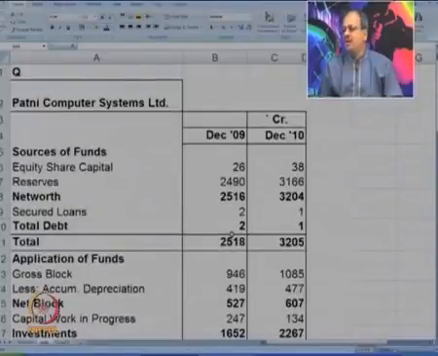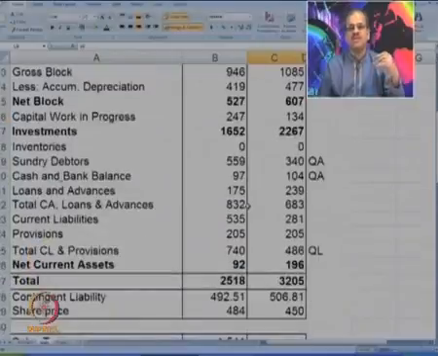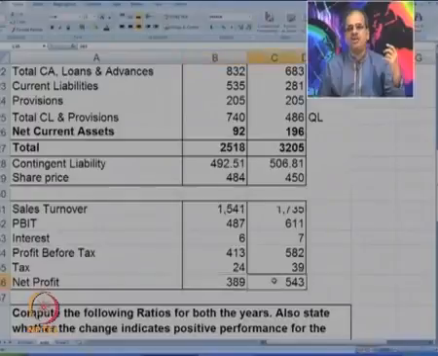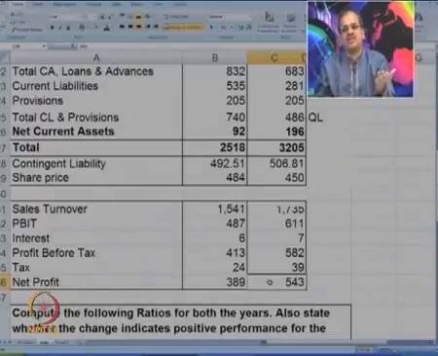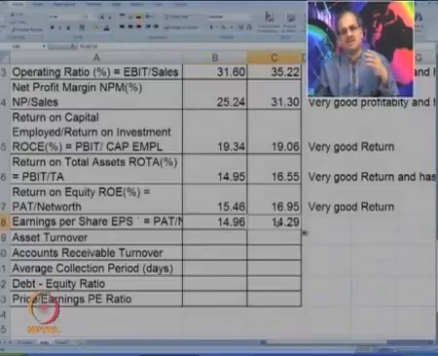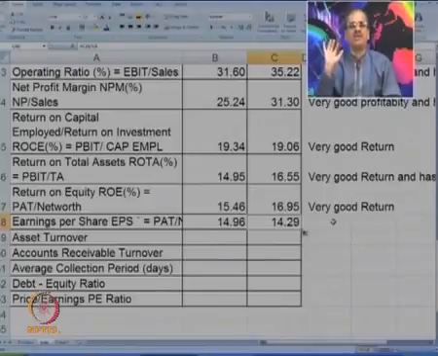If you go up, you will realize that capital has increased from 26 to 38, but since company could increase its profit also, 389 to 543, more or less in the same proportion there is an increase in the profit as the number of shares have increased or the share capital has increased. So, more or less a same return. So, I can't say whether it is good or bad, but for every share of the company you will receive about 15 rupees of profit that you get from EPS.